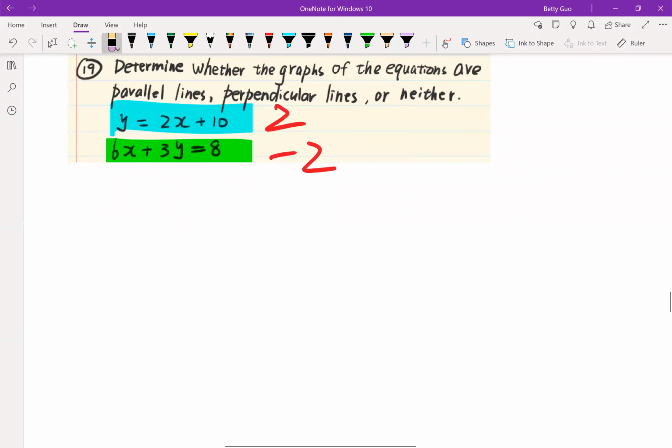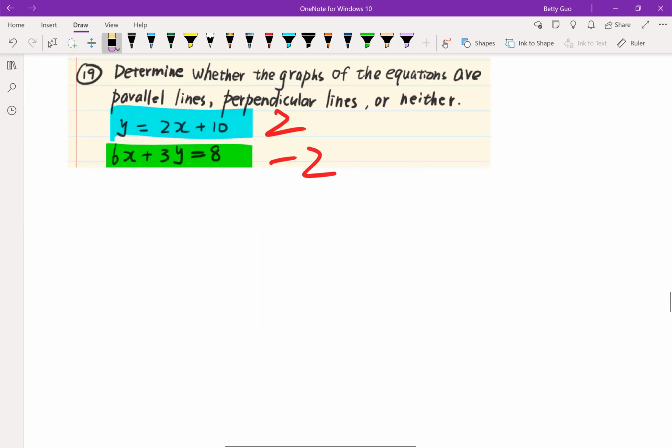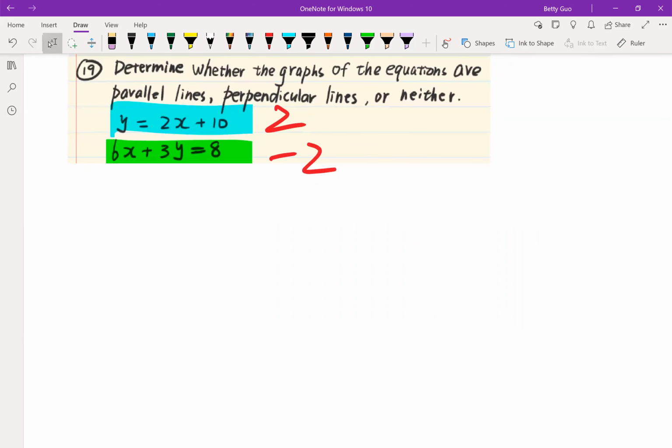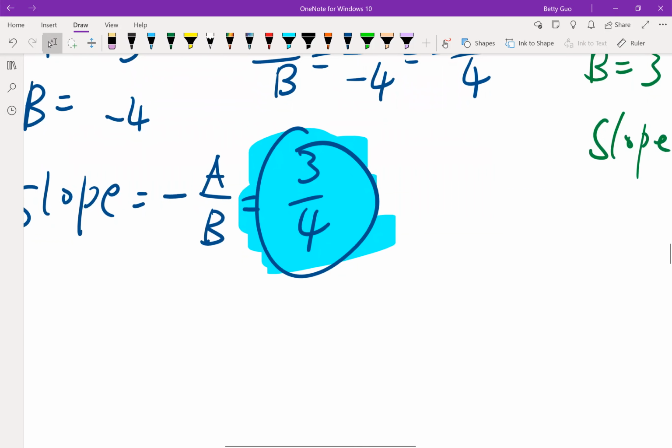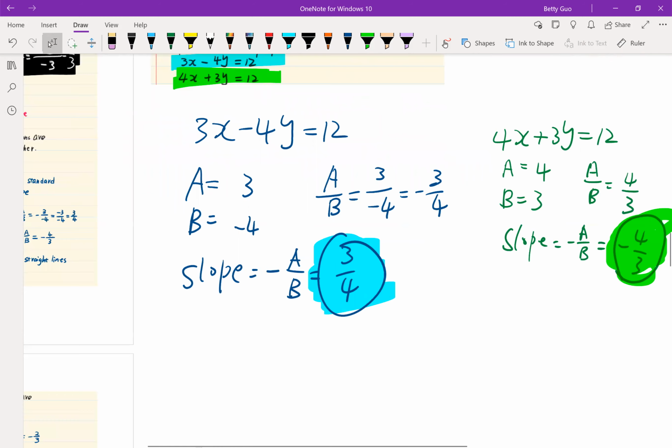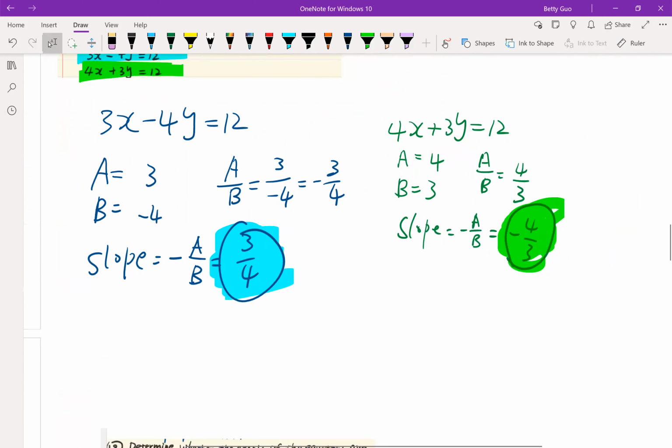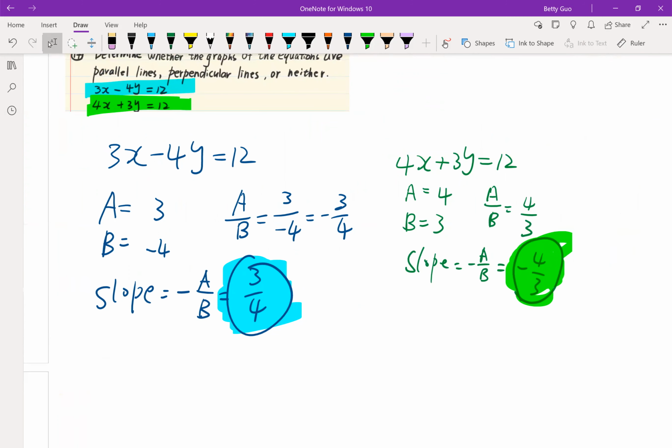Any questions? 17 is perpendicular, but tomorrow 17 might not be perpendicular. You have to work on it. You have to find your slopes.